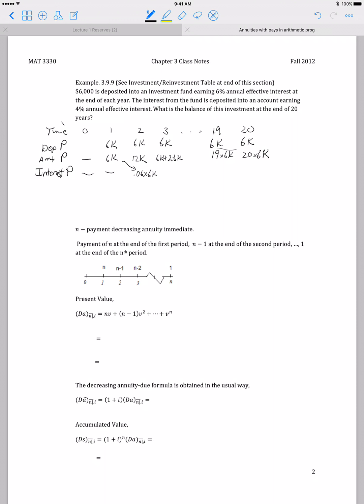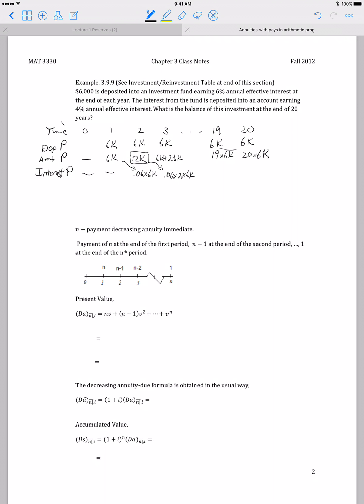I also make my $6,000 deposit, so at time 2, my balance remains $12,000. I'm going to earn interest on this $12,000 balance at time 3, and so that's 0.06 times my 12K, or 2 times 6K.